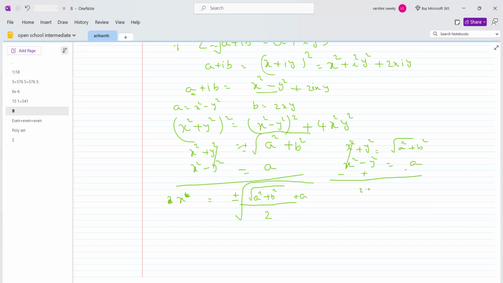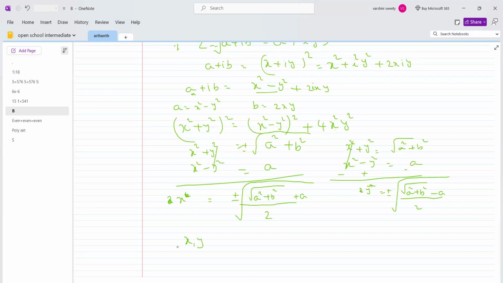Plus 2y square equals root of a square plus b square minus a, by 2.